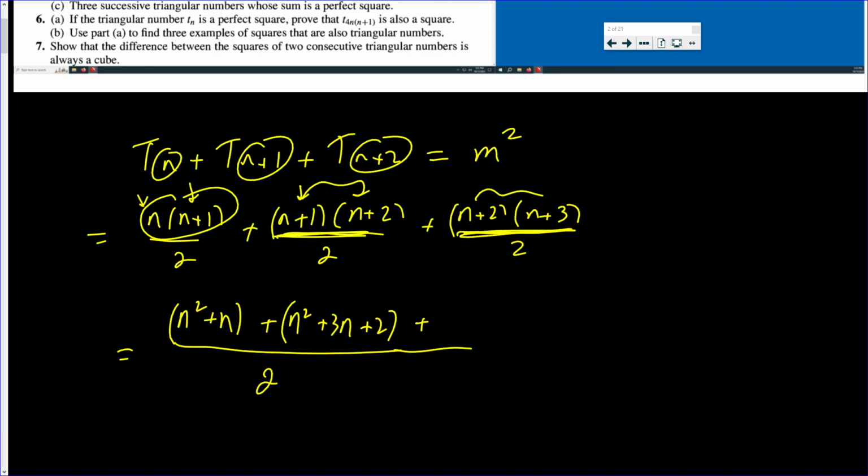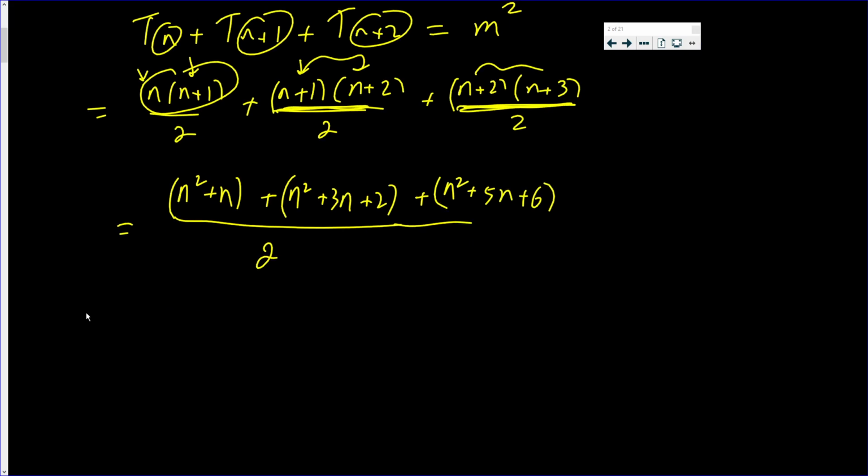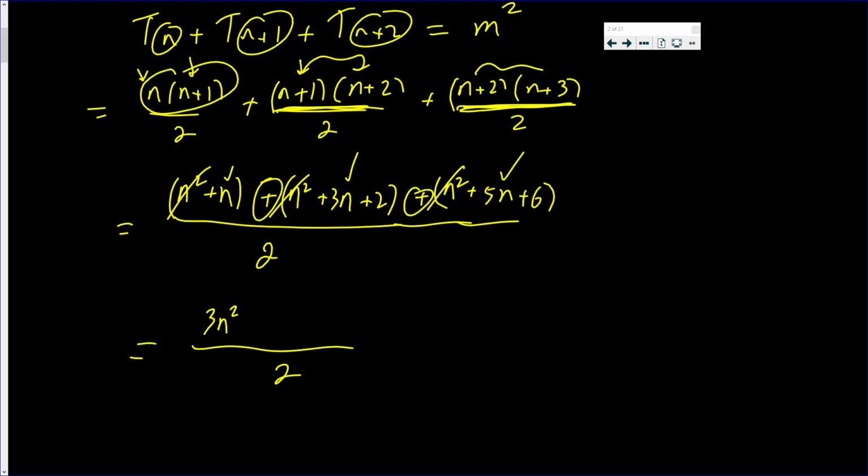Multiply these, you get n squared plus 5n plus 6. And if you add these, everything's over 2. You get n squared plus n squared plus n squared, known as 3n squared, plus n plus 3n plus 5n is 9n. And you have 2 plus 6, which is 8.